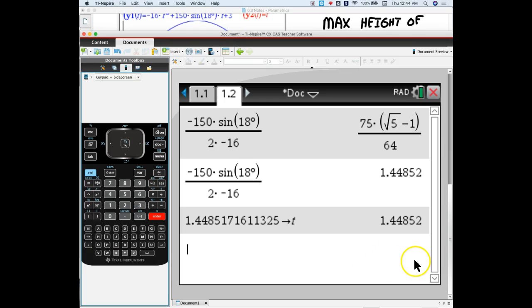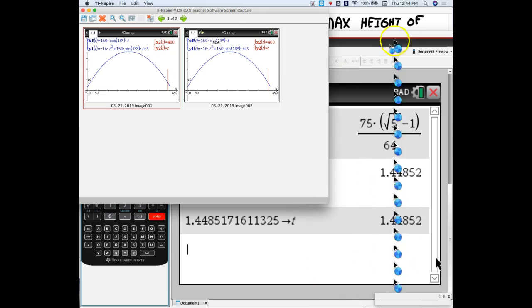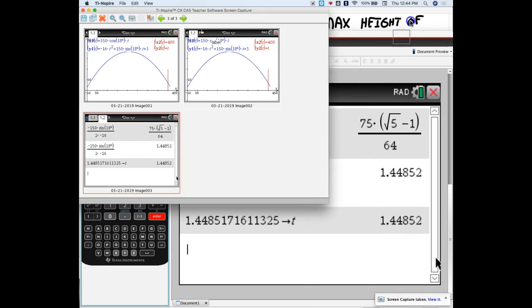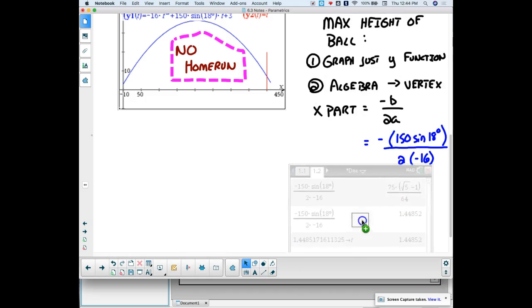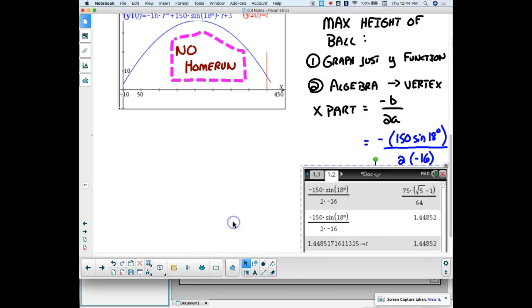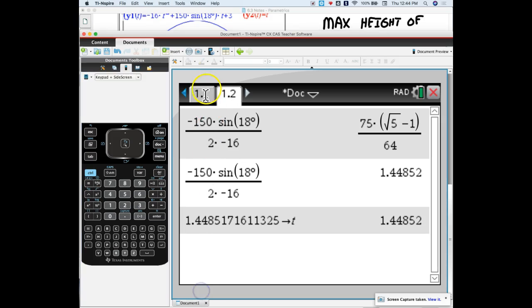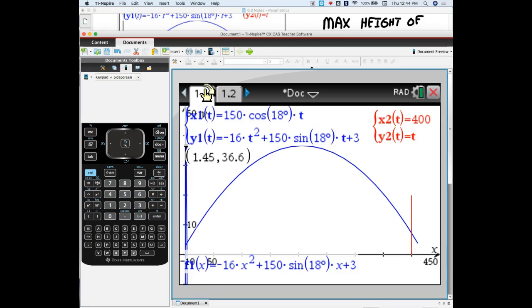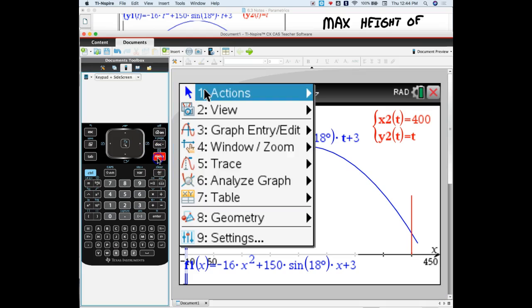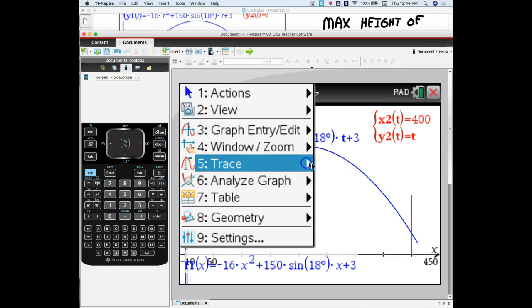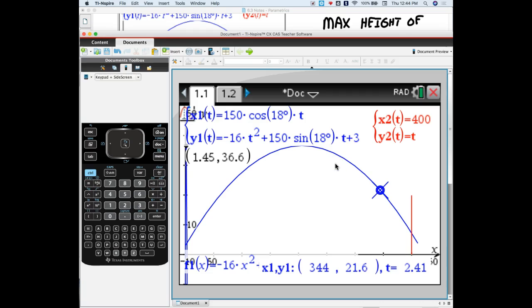Now, the reason that I stored that value as t is because now I can go back to my graph, and what I can do is trace my blue function. Control var.